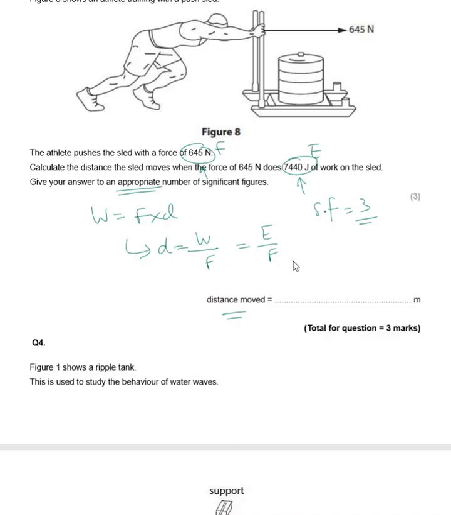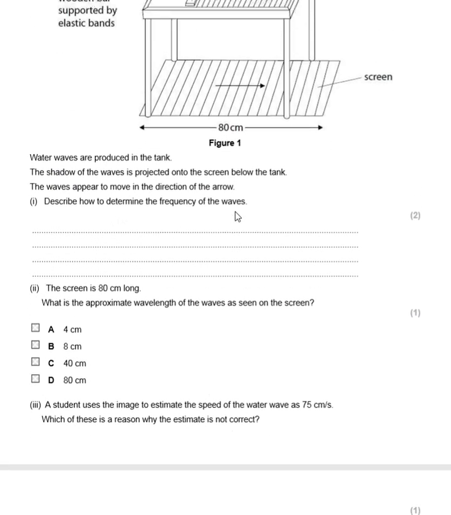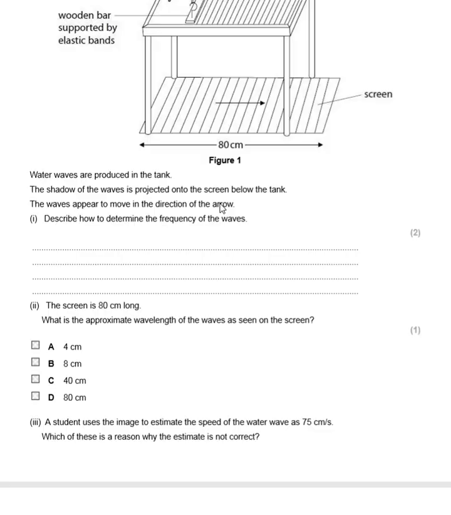Okay, next one is this one here. Now, frequency is what? Frequency is the number of waves per time taken. Counting the waves, so here the waves, you need to count them, count at a point, and the time using a stopwatch.